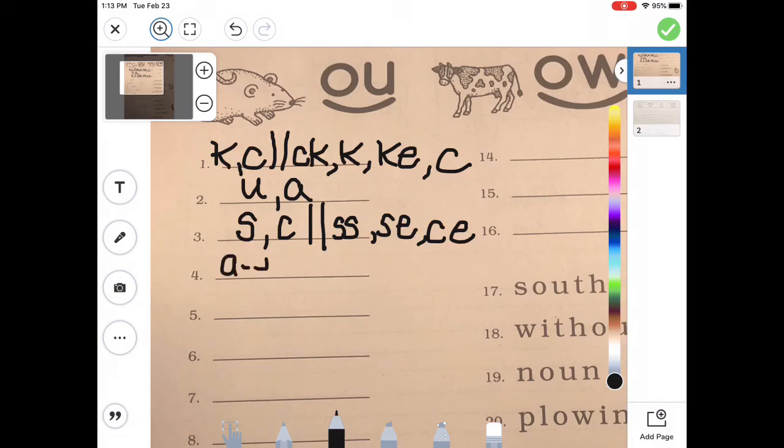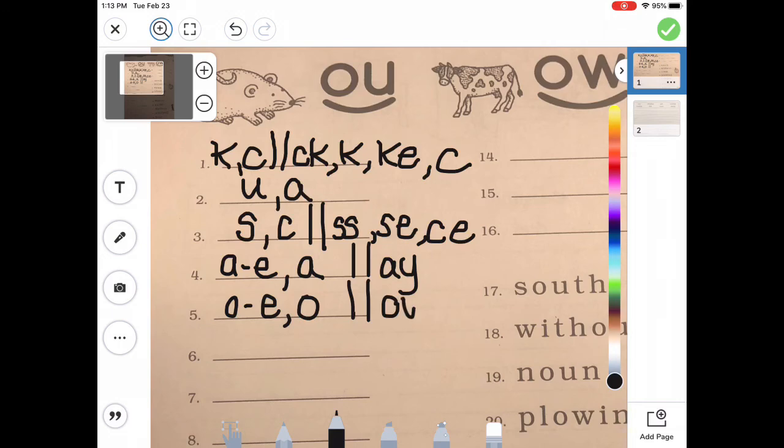Well, you can have A consonant E, right? You can have A and then ending AY. Remember, when you have that A at the end, it can't be by itself. It's going to be AY when we spell it. How about the O sound, O? We've got O consonant E and O, and then ending. If you want to spell O at the end of the word, it's usually going to be OW.